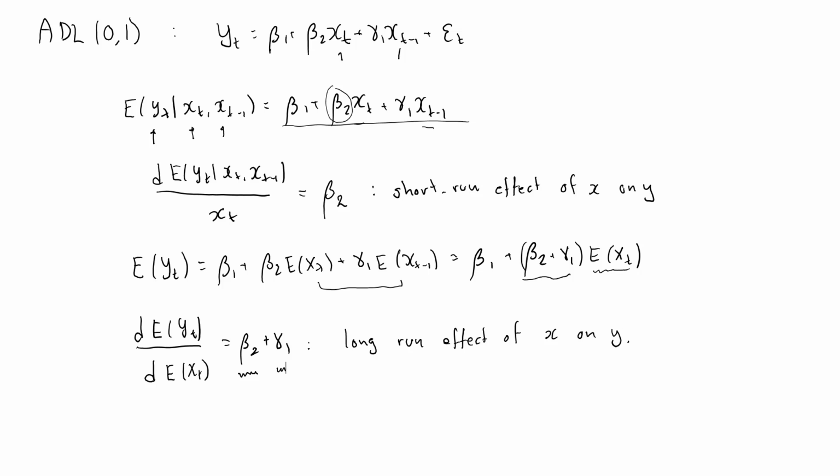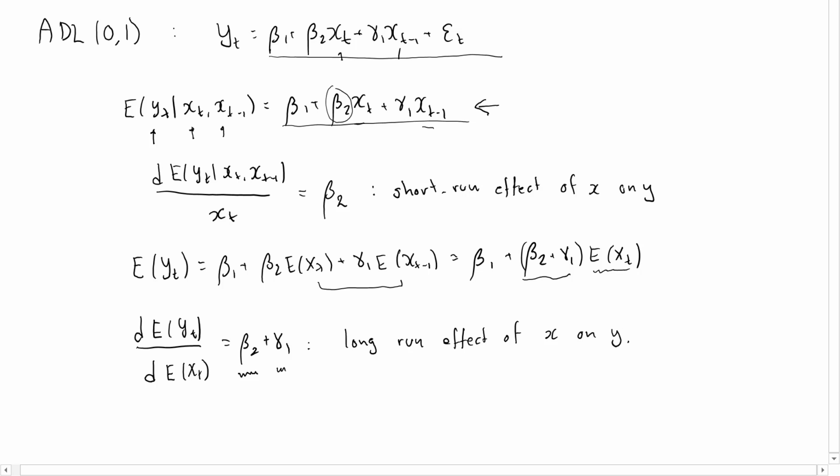Now I can easily generalize this whole idea to an arbitrary ADL 0, Q model. In such a model, if I change this to an ADL 0, Q, I would also add gamma 2 times xt minus 2 and perhaps more terms than that.